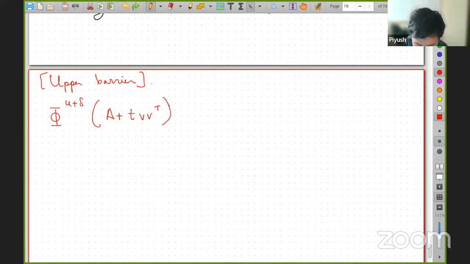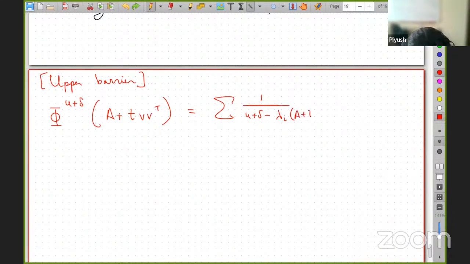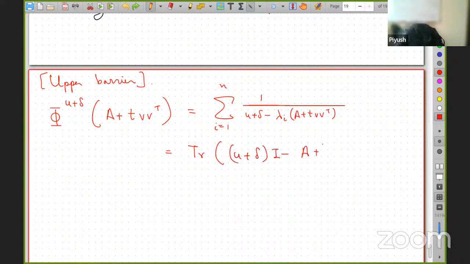This is what we want. By definition, it is the sum over i from 1 to n of 1 over (u plus delta minus lambda i of A plus t VV transpose), which is the same thing as the trace of the inverse of the matrix (u plus delta) times I minus (A plus t VV transpose).